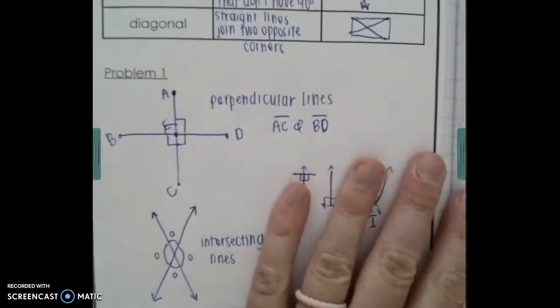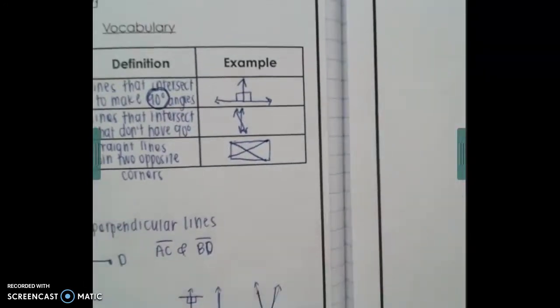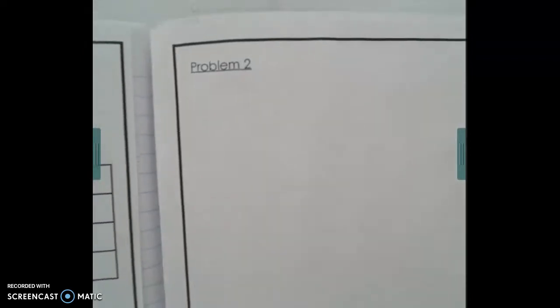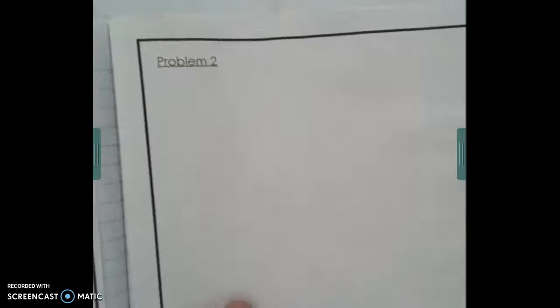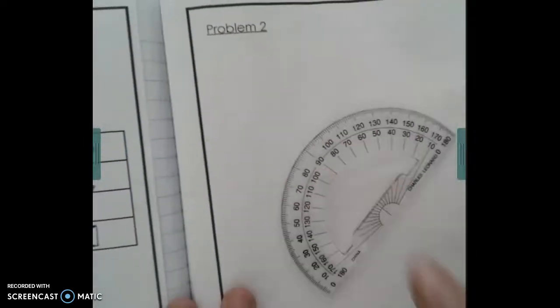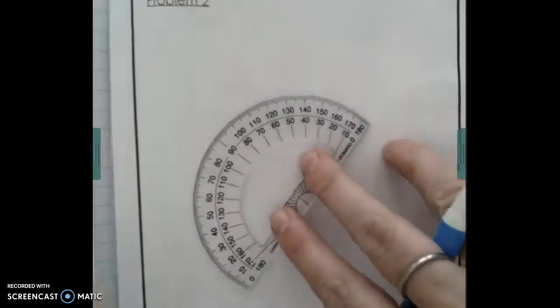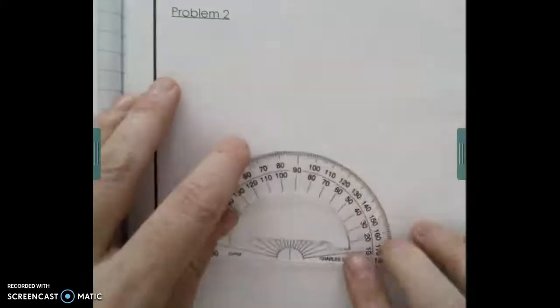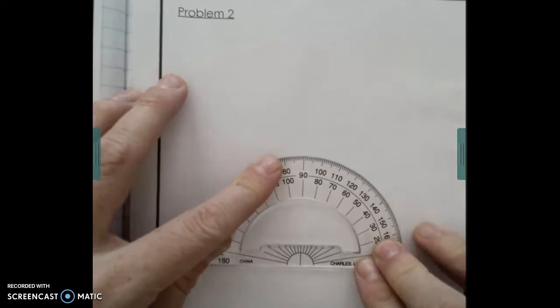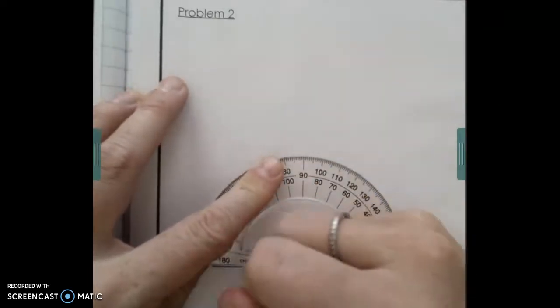All right, on problem number 2, we're going to find a way to label perpendicular lines. So on this whole page, you have this whole room, and you can use a ruler if you have one at home or a book or anything straight. I'm going to draw 2 lines, and I want them to be perpendicular. I'm going to draw one that goes straight on the bottom. I can even use my page from underneath.